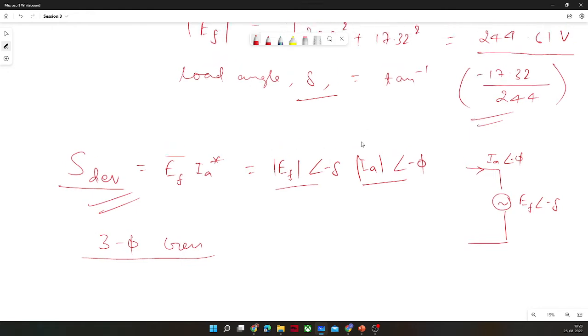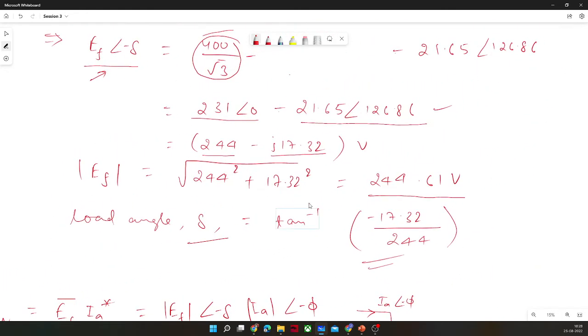Can you explain this step, sir? Okay. In the excitation EMF equation, EF lags by the load angle from the terminal voltage, right?